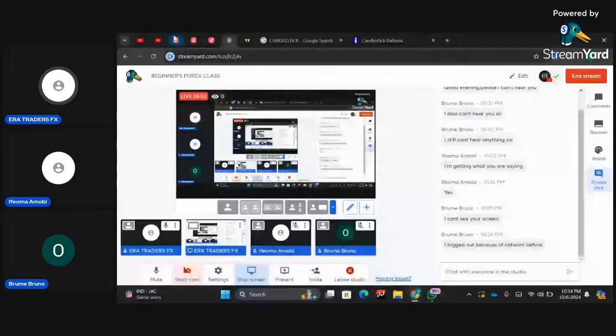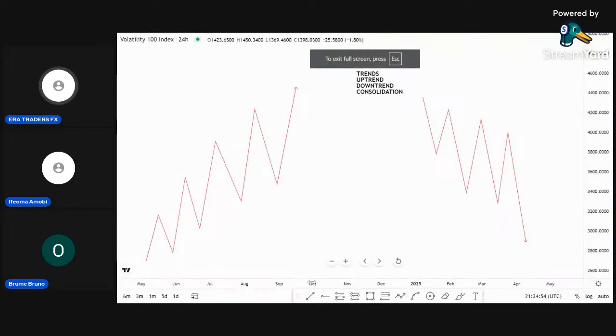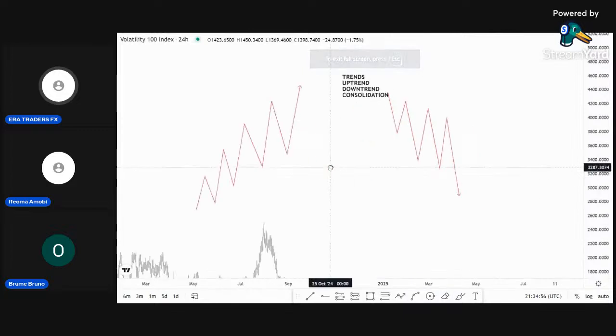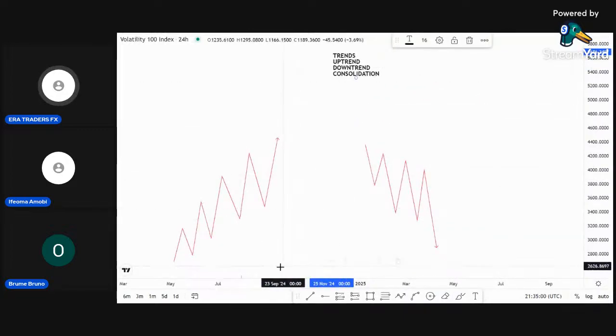Let's go into structure. Remember, we said we have uptrend, downtrend, and consolidation. For an uptrend, the market forms a series of higher high, higher low, higher high, higher low. For a downtrend, the market forms a series of lower low, lower high, lower low, lower high.